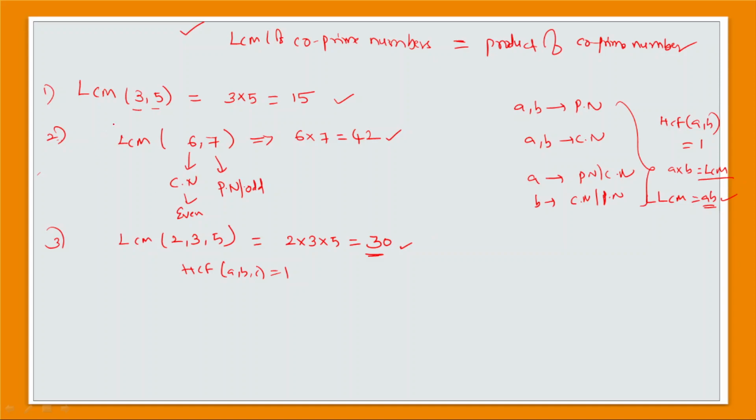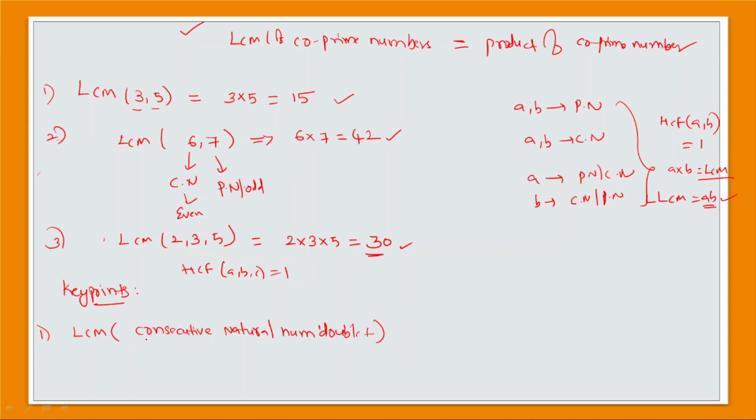From this we can take some key points. What are those key points? The first key point is the LCM of a consecutive natural numbers doublet.